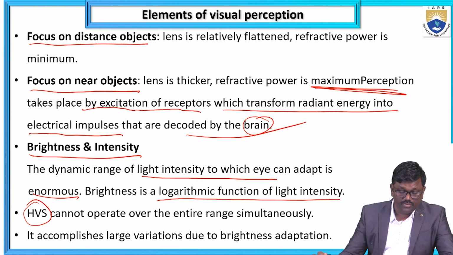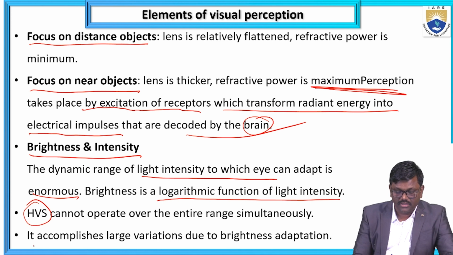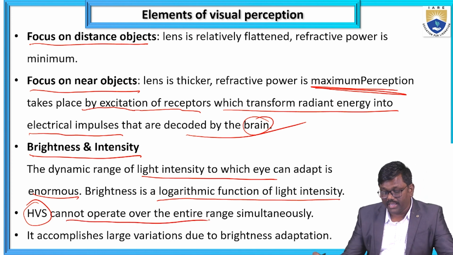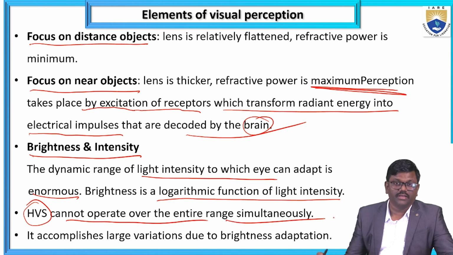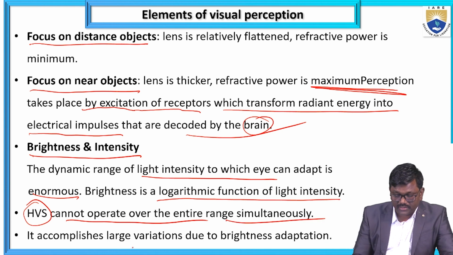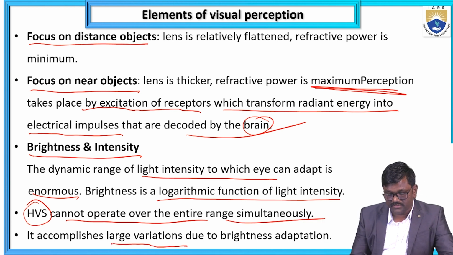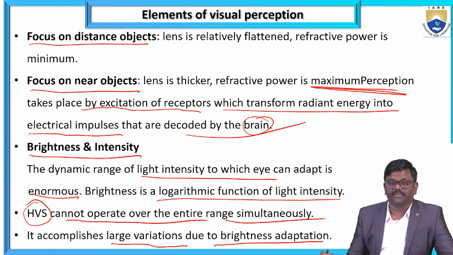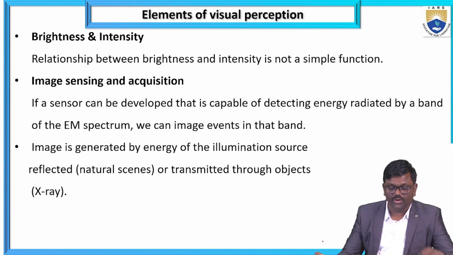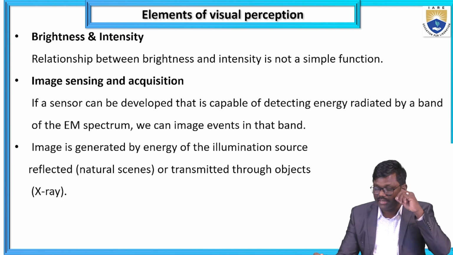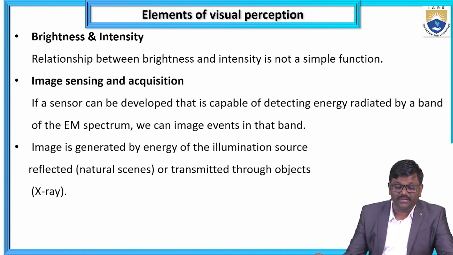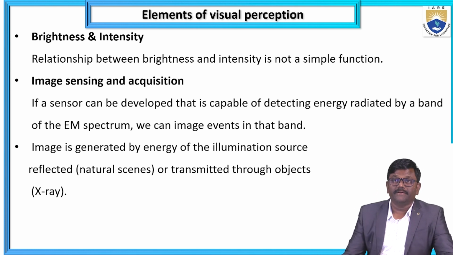We cannot operate over the entire range simultaneously, but the eye accomplishes large variations due to brightness adaptation. Okay. So brightness and intensity is one of the elements under the elements of visual perception that we are going to define.